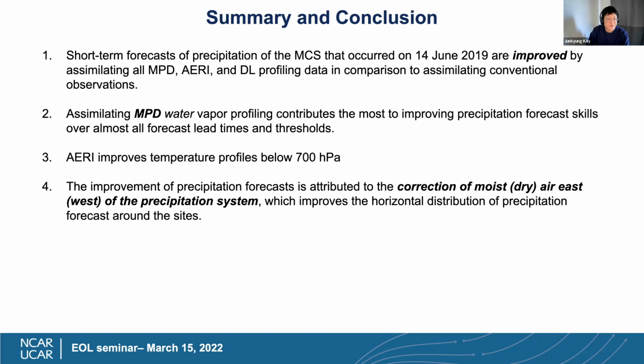Assimilating the MPD water vapor profile contributes the most to improving precipitation forecasting skill, and the ARI improved the temperature profile below 700 hectopascal. This improvement of precipitation forecast is attributed to the correction of moist air east of the precipitation system, which improved the horizontal distribution of the precipitation forecast around this site.